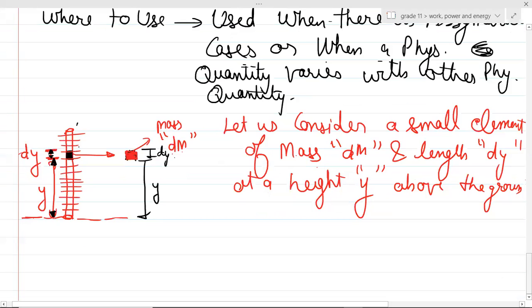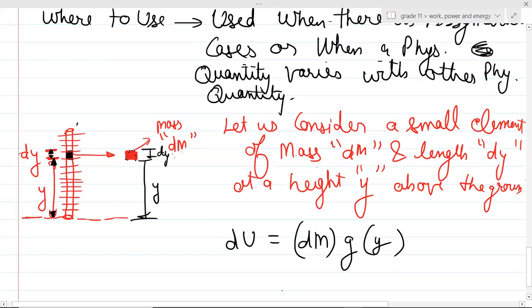Now, it's a point object, right? It's a very small object, so it can be considered as a point object. So can anyone tell me what will be the potential energy of this small element? The potential energy will be equal to the mass of this element, m, into g, into what is the height of this element above the ground?